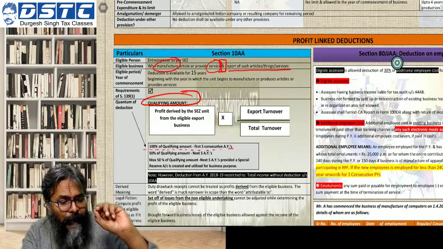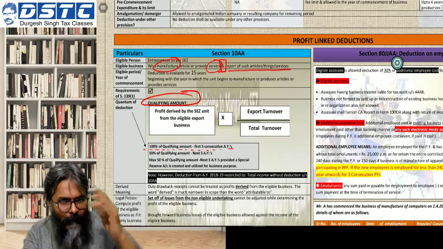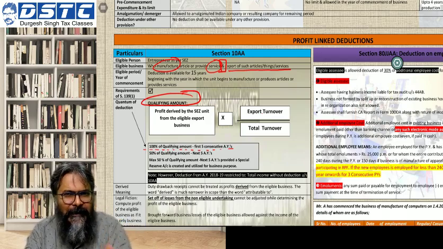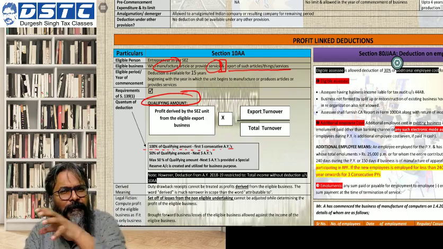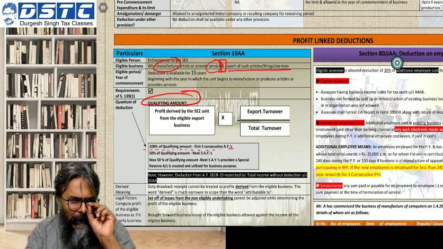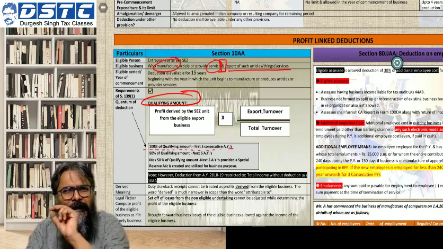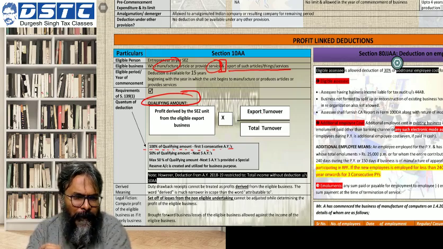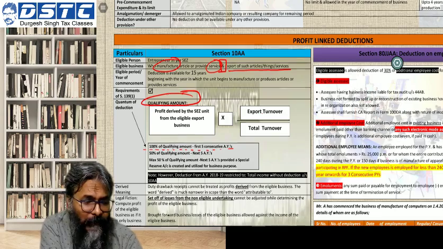You have to read the question carefully to see which year of the SEZ's existence this is, whether it falls in the first 5 years period or the next 5 years period, as the case may be. If it is the first 5 years, then it will be 100% of the qualifying amount.